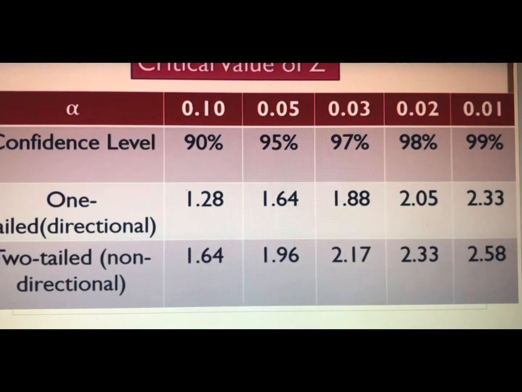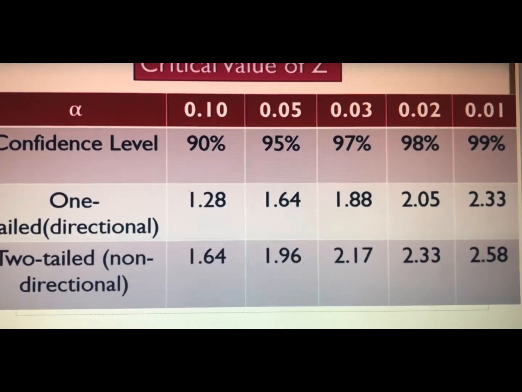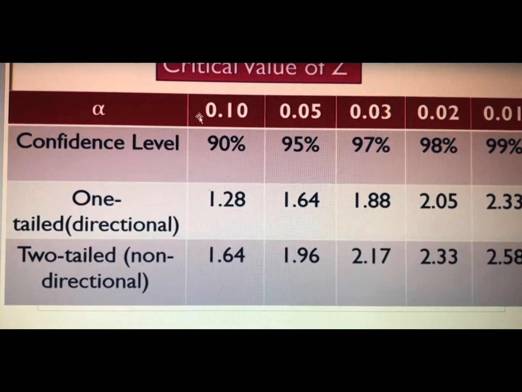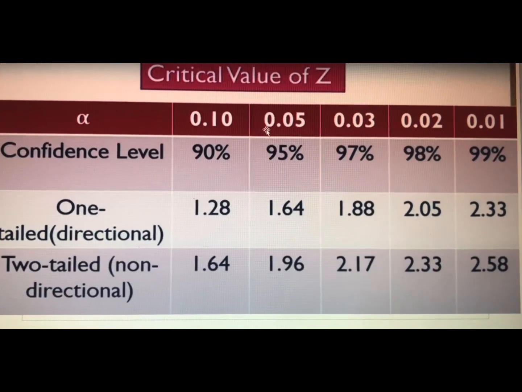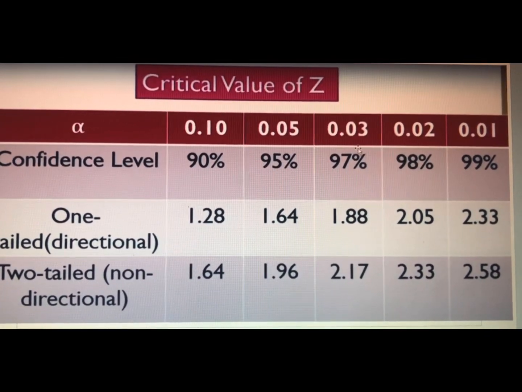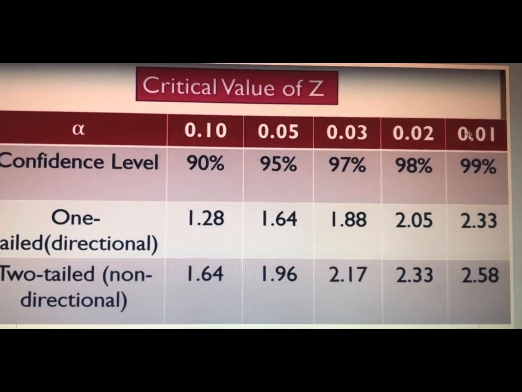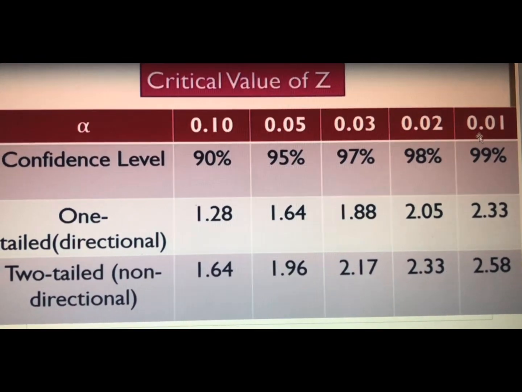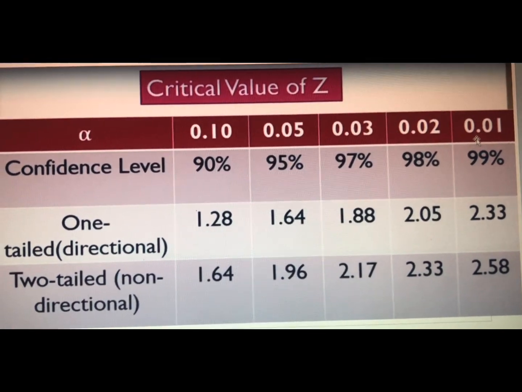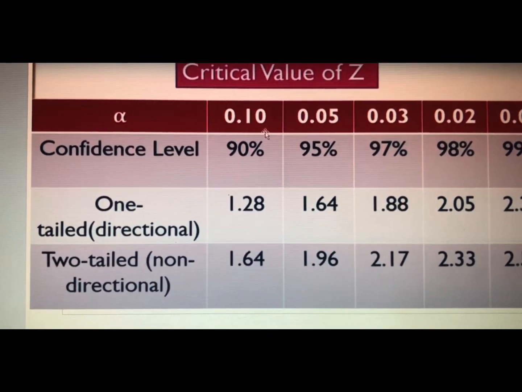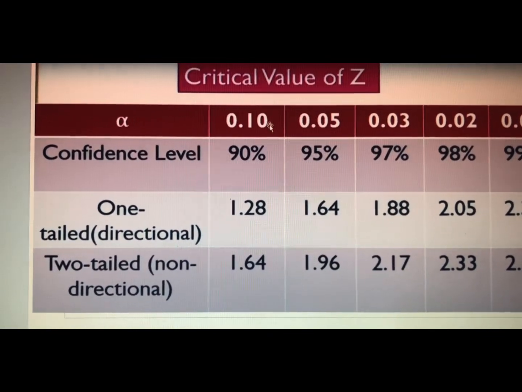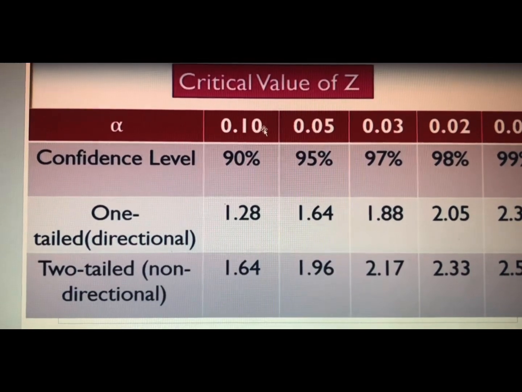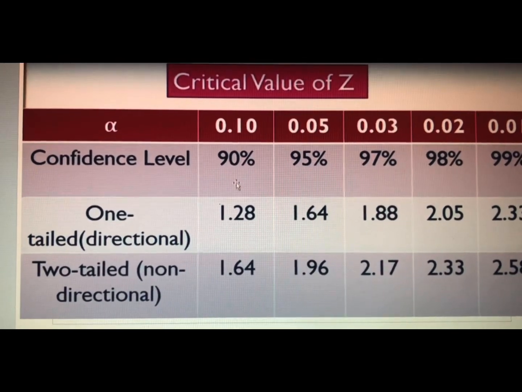Here we have the critical value of Z, or the Z table. Alpha 0.10, 0.05, 0.03, 0.02, 0.01. For the confidence level, how do we get it? 0.10 is equivalent to 10%. 100 minus 10% is equal to 90%.